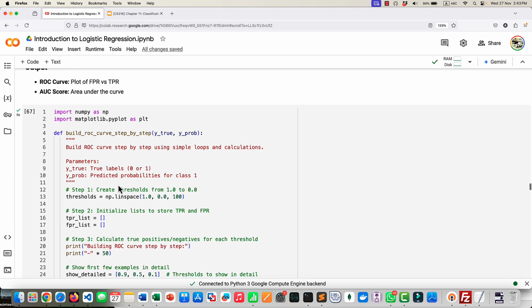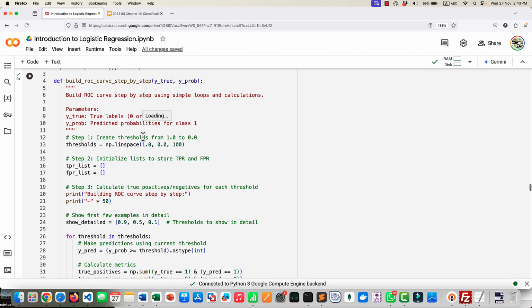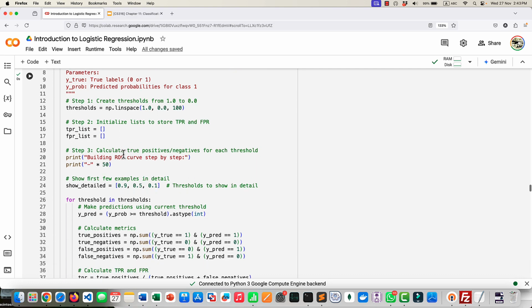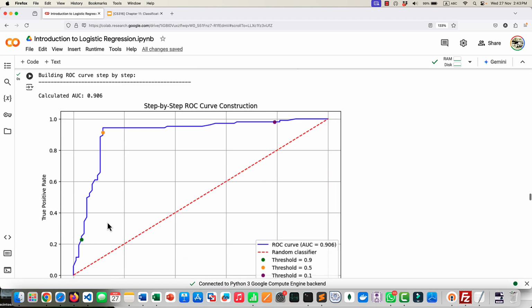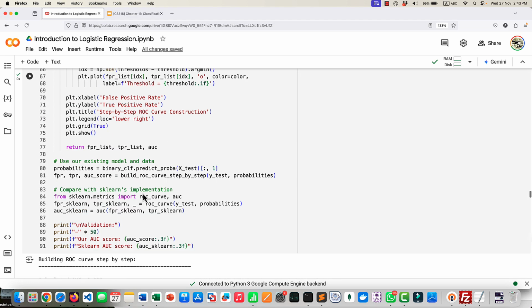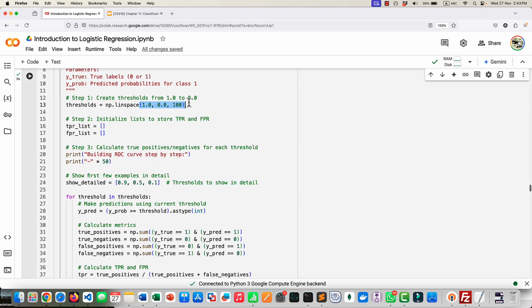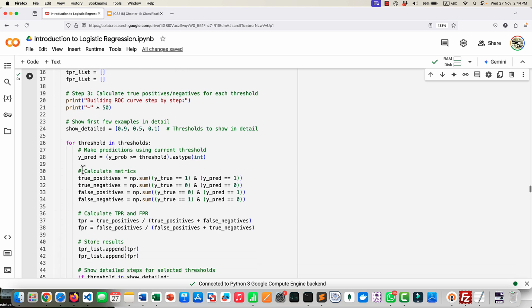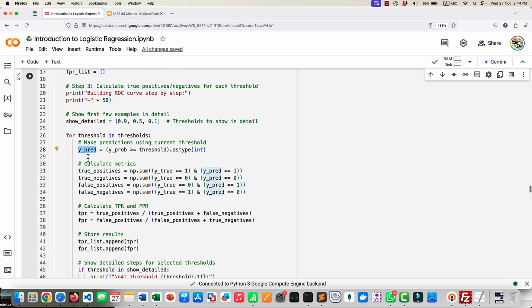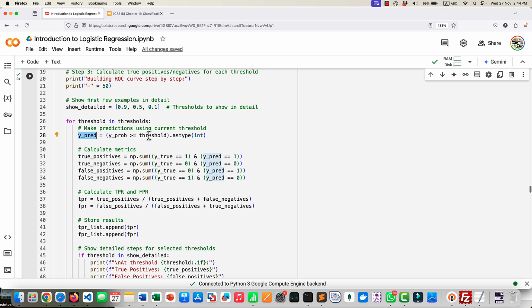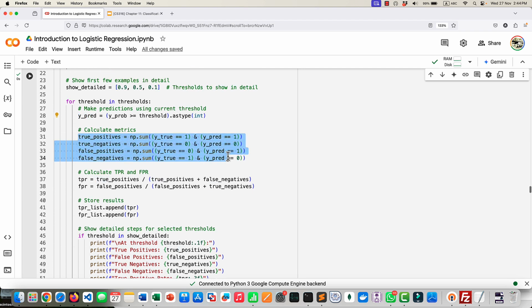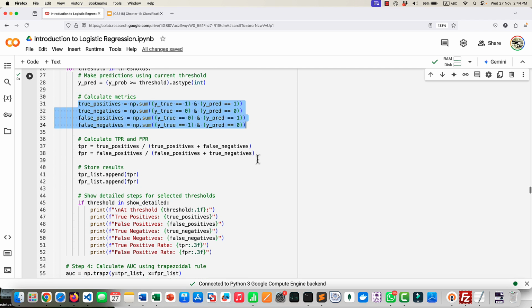Okay, and here I will show you how you can build the ROC curve and also the AUC step by step. So it's basically the same algorithm. You take different thresholds from 0 to 100 values, and then for every threshold value, you calculate the predicted probability, compare it to the threshold, and convert it to a prediction of 0 or 1. We calculate our metrics: the true positives, true negatives, false positives, and false negatives.